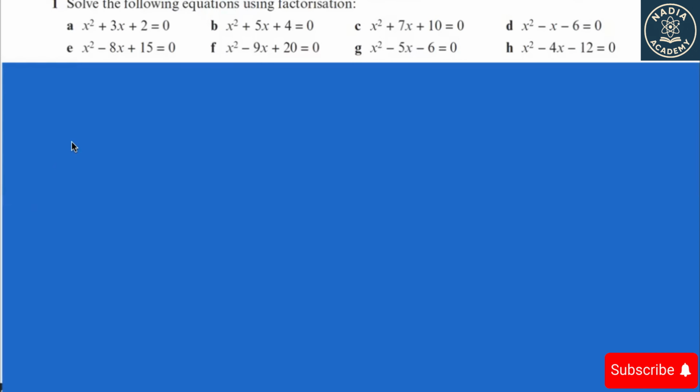Okay, let's solve one more question to understand it. For an example, we have question 1c. The equation is x² + 7x + 10 = 0. Again, we will apply the same method. The c value times the value of a, so 10 times 1, answer is 10.